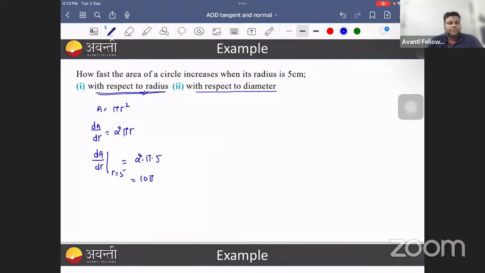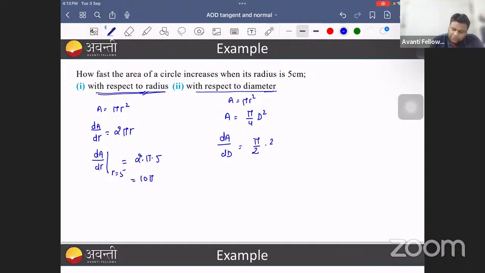All right. Now they're asking for the rate of change of area with respect to diameter. So this area, which is pi r square, can also be written as pi by 4 d square. I assume d is the diameter. Got it? So radius is half of diameter. I replaced r by d by 2. Now, the rate of change of area with respect to diameter is what?